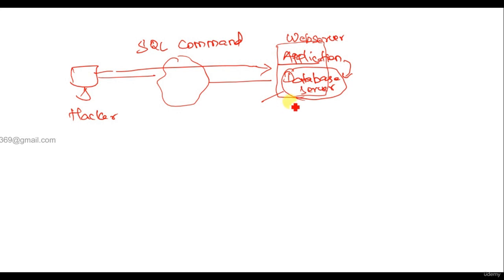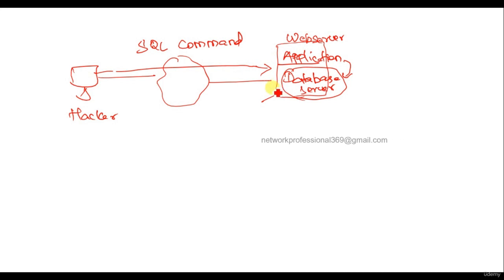He can do it in a form, for example in the field where you need to give the username and password credentials, or he can make changes in the parameter. He can find the exact parameter which is going to the database, inject any SQL command there, and make any changes.